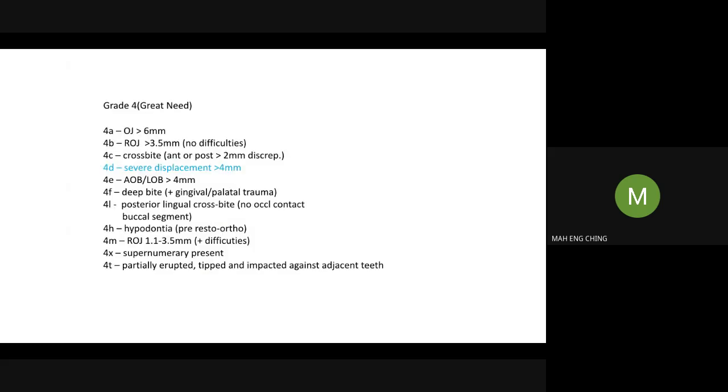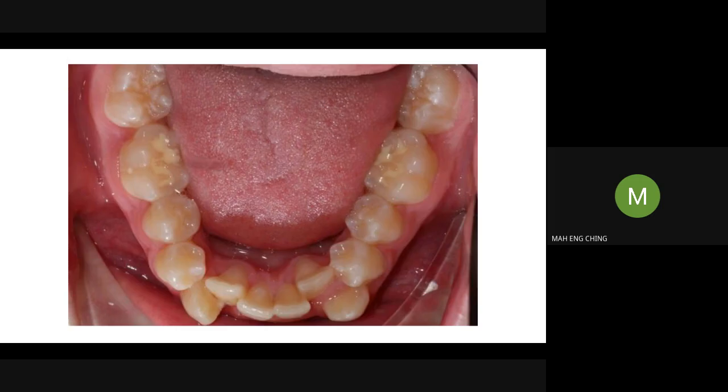So severe displacement, this one is very common for crowding. Braces usually deal with crowding, everyone has crowding. So if the crowding is severe, more than 4 mm between the contact points, look at the contact point here, lateral incisor to canine. You measure this contact point. If the displacement is more than 4 mm, then consider 4D.